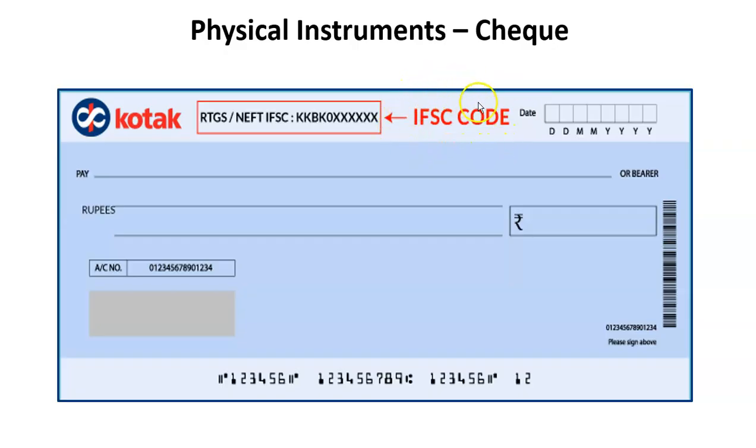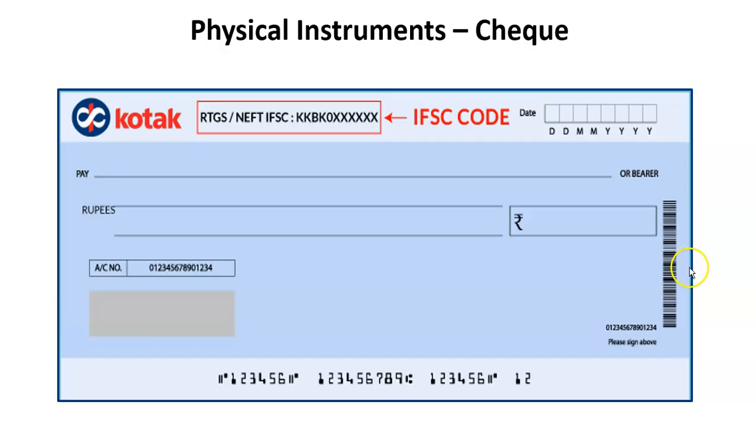So it's an 11-digit code which identifies to which bank, which branch this account where this money is intended to be remitted belongs to, right? In clearing, it is MICR code. In RTGS NEFT, it is IFSC code, which determines to which bank and which branch this check belongs to or this transaction belongs to. This is a barcode you can see.